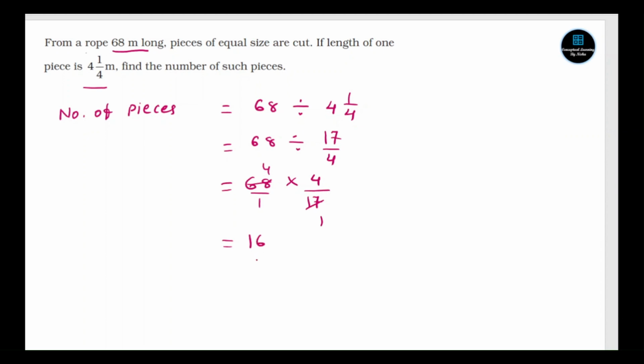If I don't write 1, which is fine. So number of pieces are 16. So you can say 16 pieces can be made, right? Can be cut. So 16 pieces can be cut. Right? Perfect.